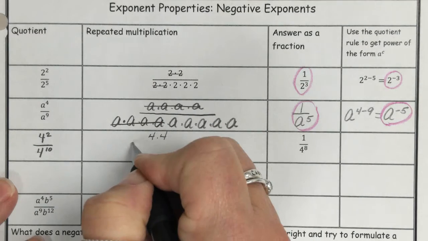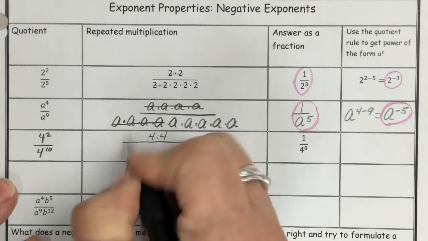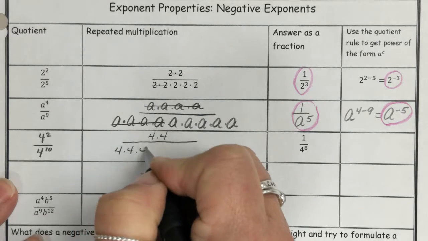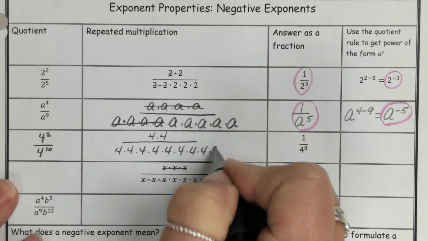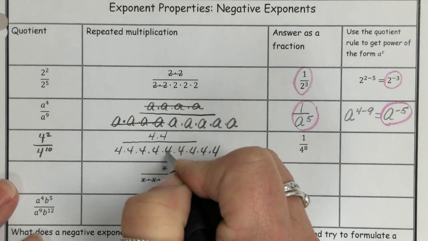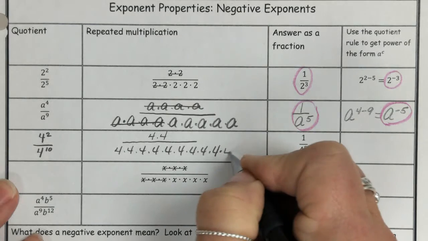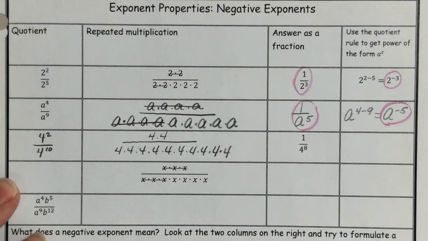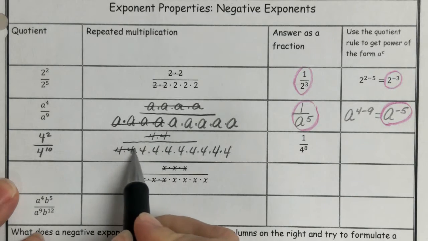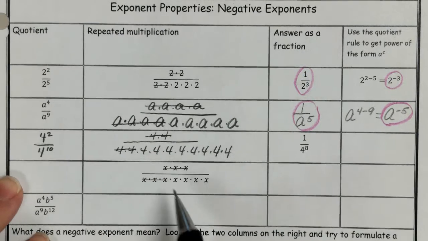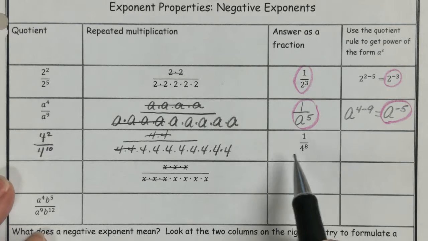4 squared on the top. One more. 4 to the 10th power on the bottom. I can cancel out 4 times 4 with 4 times 4, and I'm left with 8 4's multiplied by itself.